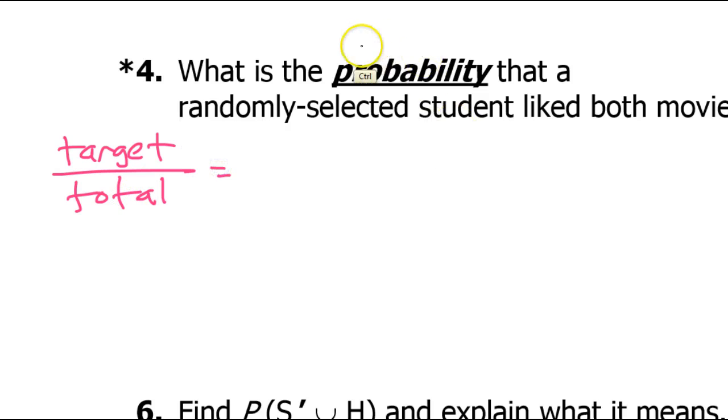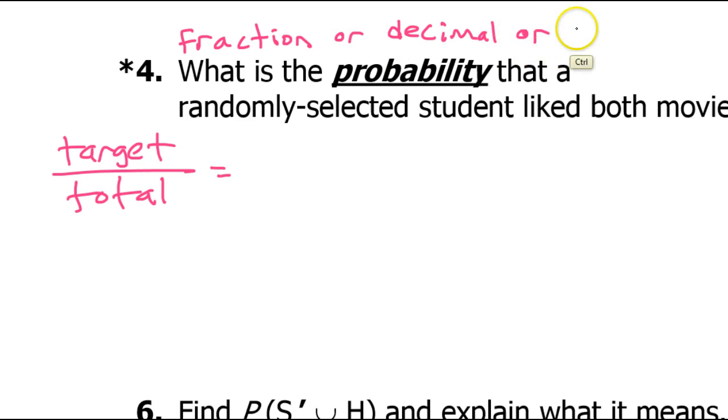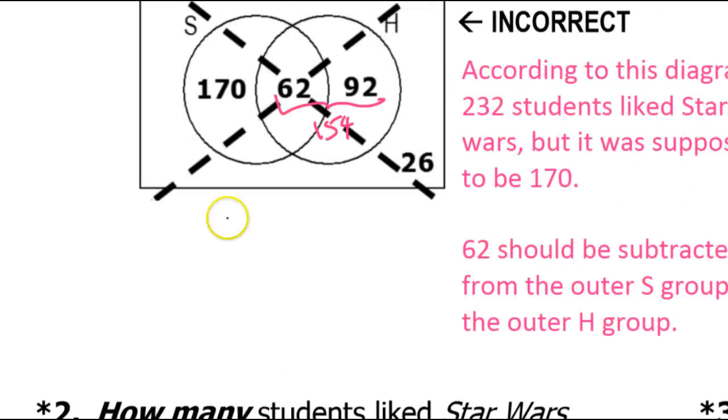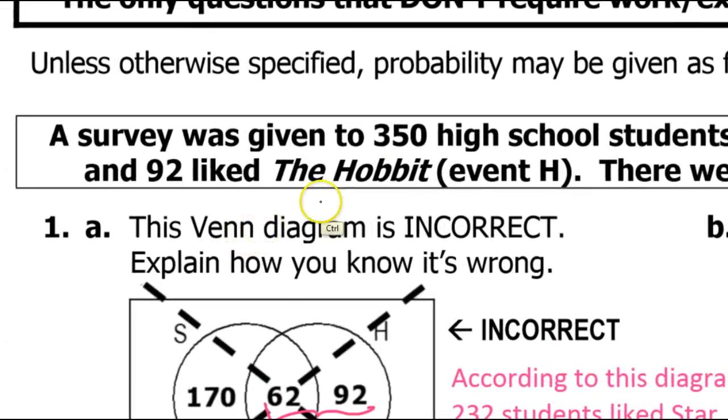All right, when you're asked for a probability, you're going to have either a fraction or a decimal or a percent. And you're going to get all of these by doing target over total. So the total is the total number of students.